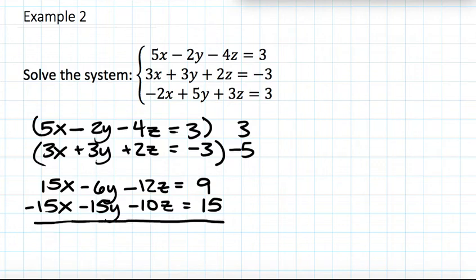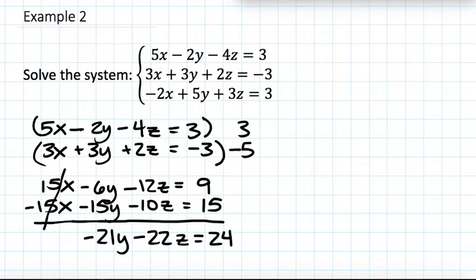One little mistake and that's going to make the whole problem off. So you want to be careful, use a calculator if you need to. The x's are going to cancel out. -6 plus -15 is -21. -12 plus -10 is -22. And 9 plus 15 is 24. So that's eliminating one variable in the first pair of equations.